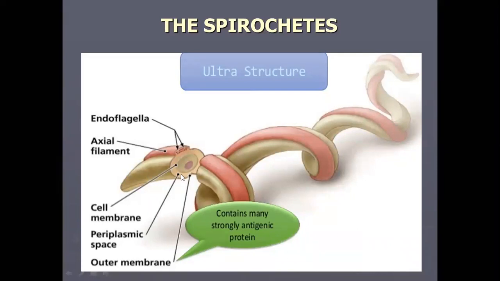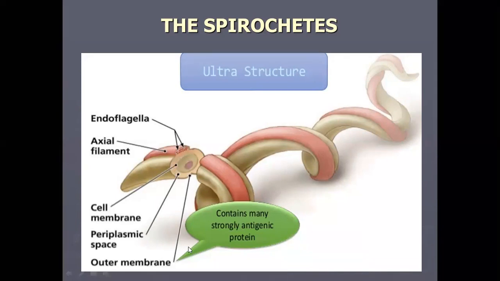So technically speaking, spirochetes are gram-negative cells, but we need different strategies because they're too small. We cannot see them with a regular microscope, so we have to adopt other strategies to visualize this microorganism. They have a well-developed periplasmic space and a flagellum enclosed in a sheath, the endoflagella.